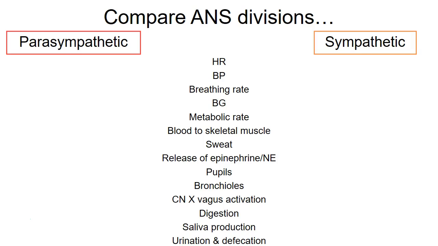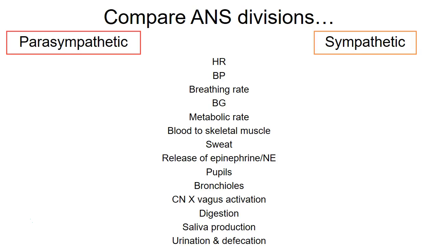We'll just put arrows. Down. Sympathetic should go up. Blood pressure, up or down? Down for parasympathetic. What about sympathetic? Up. So if you wanted to treat someone that has elevated blood pressure, would you want to promote or inhibit the sympathetic nervous system? Inhibit it.